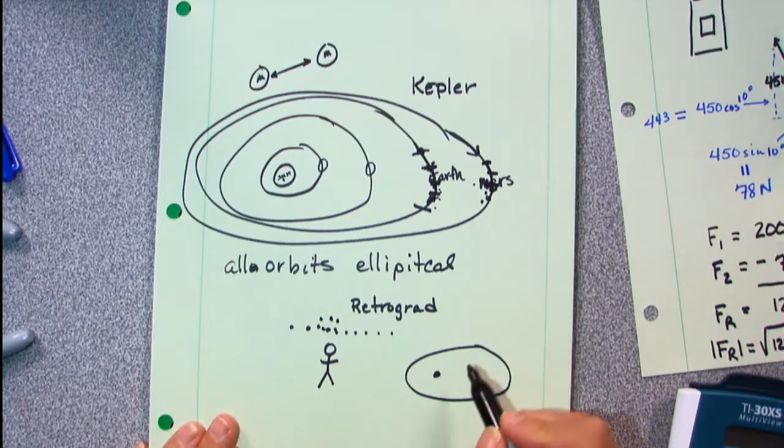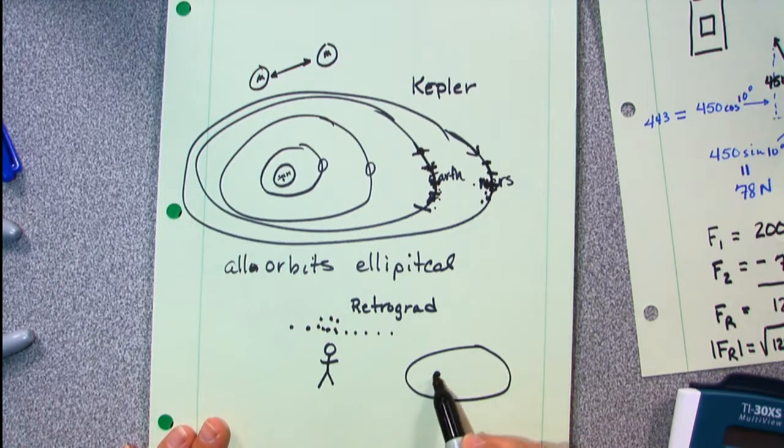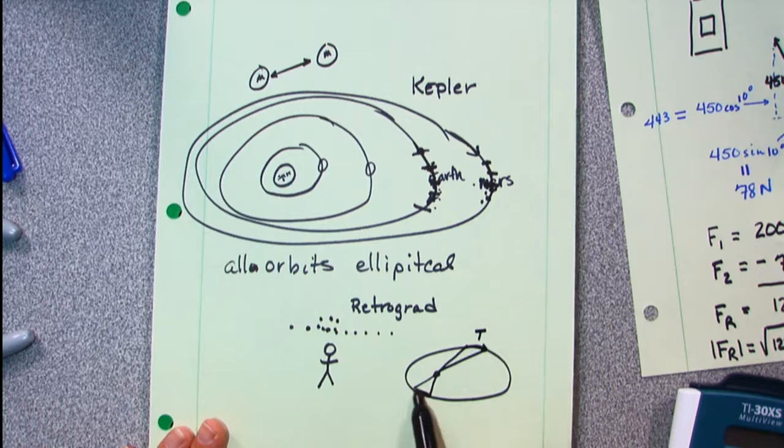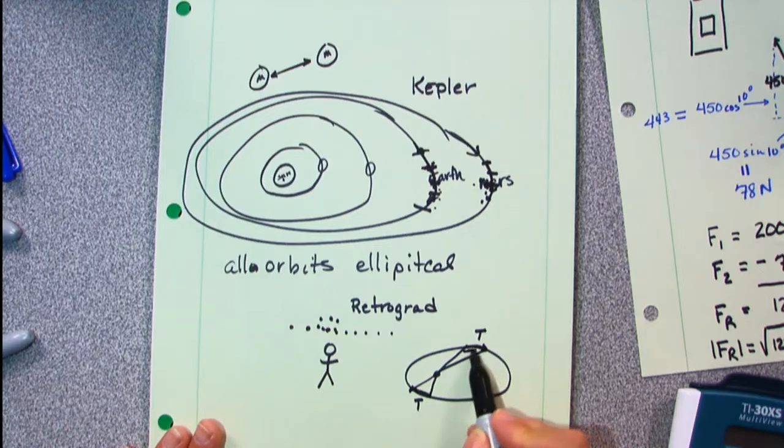So one of the things he also said, that if I were sweeping out on this ellipse, the time that it takes to go from here to here, and the time that it takes to go from here to here, those are going to be the same. And the areas of these triangles works out to be the same. So that's one of Kepler's laws.